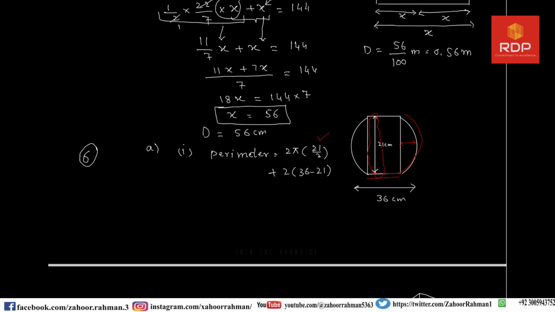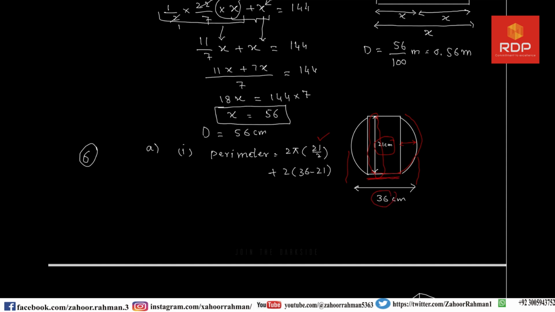So the whole from here to here is 36. We have to subtract 21, which is this one, from 36.